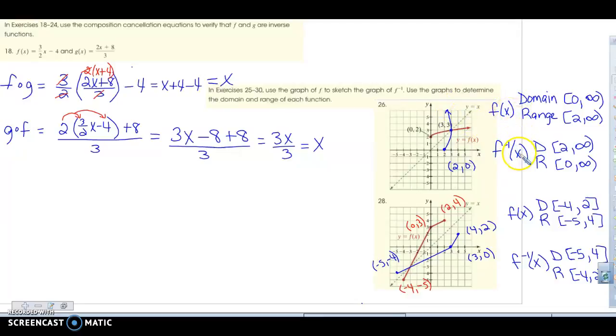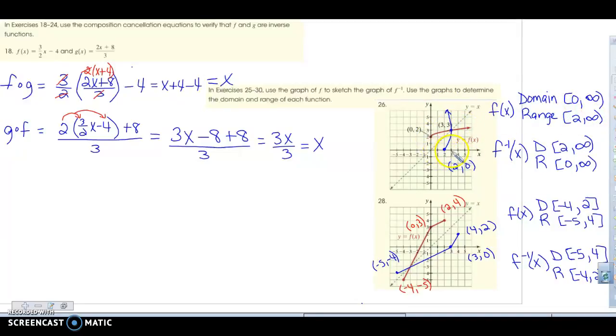How do we identify the domain and range? Well, of the original function in red here, remember domain is x values, so we look left to right. This graph is starting at x equals 0 and ending at infinity. Range values are the y values, so we look at the bottom of the graph to the top. This graph is starting at a y value of 2 and continuing to positive infinity. Still looking at the red graph, so there's my domain and range.